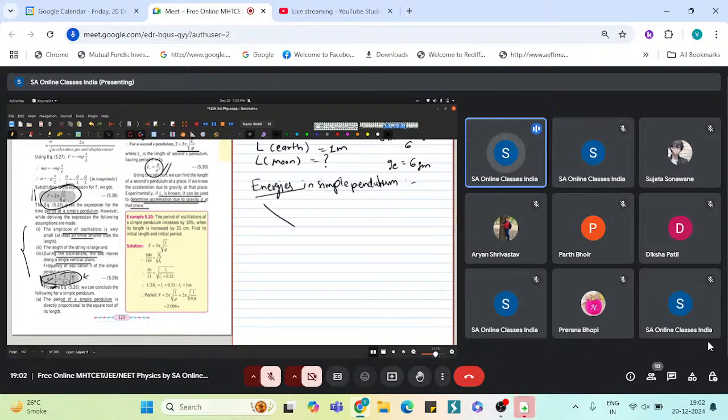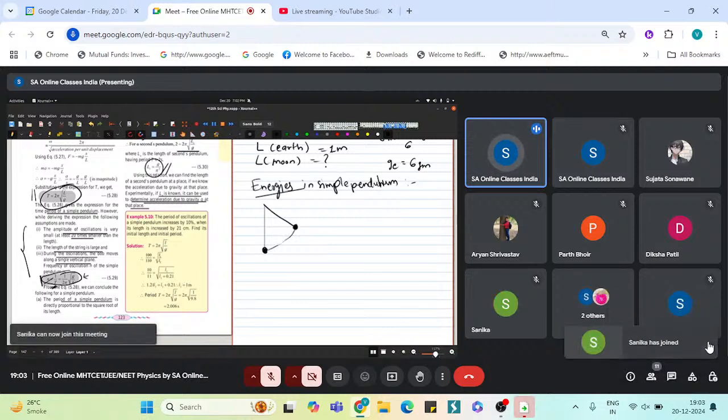So basically, let me just draw the pendulum again. This is more of a conceptual thing that you can apply to multiple examples, so I'll just cover it here instead of separately doing it in the questions. This is your simple pendulum motion, and this is the length of the pendulum L, and this is some angle theta.